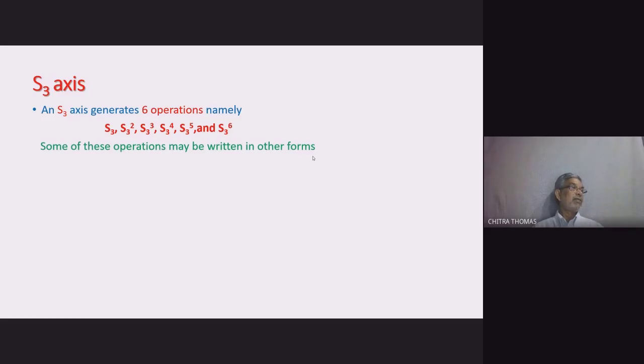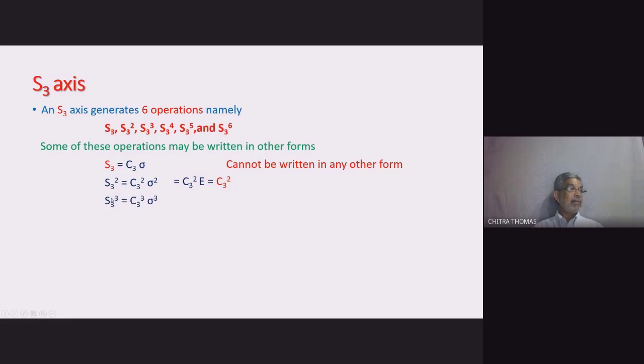S3 is C3 into sigma. Then S3 cannot be written in any other form. Then S3² is C3² into sigma to the power 2, sigma to the power 2 is identity. So this is C3² into identity, which is equal to C3².